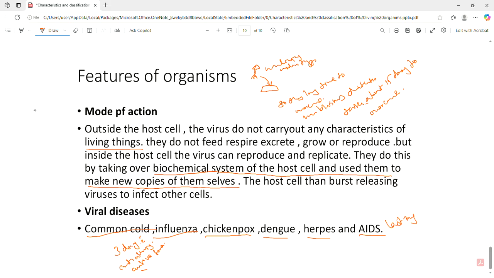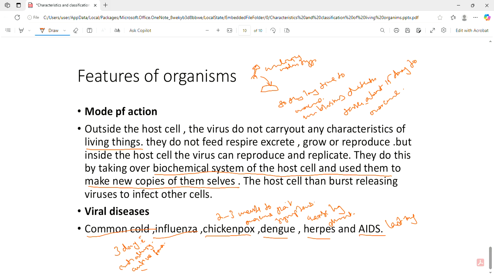Herpes is also of long duration, but chickenpox and dengue take 2 to 3 weeks to overcome their symptoms.